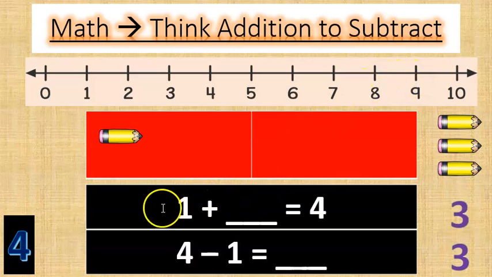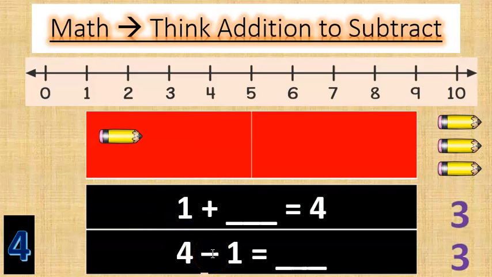Now, we have here an equation and another equation, okay? Since this has a plus sign, this is an addition equation. Say addition equation. Now look right here. This is a minus sign.